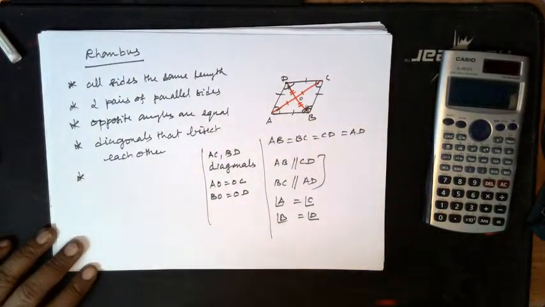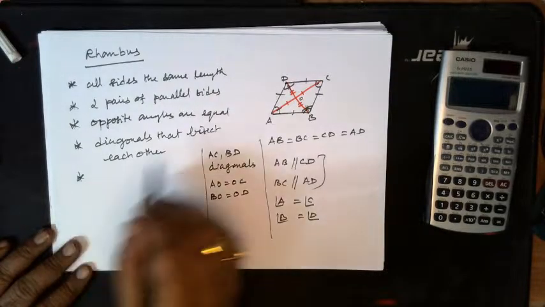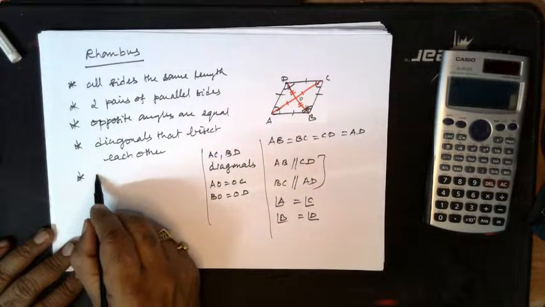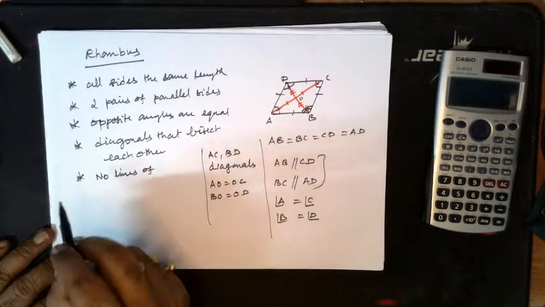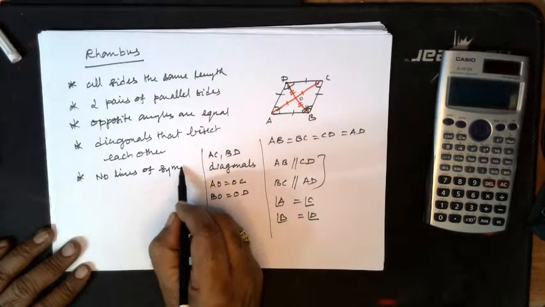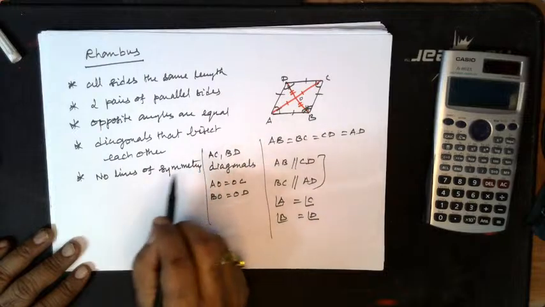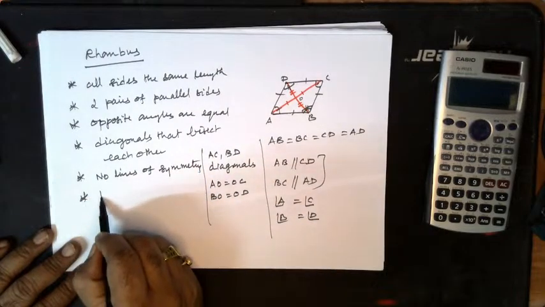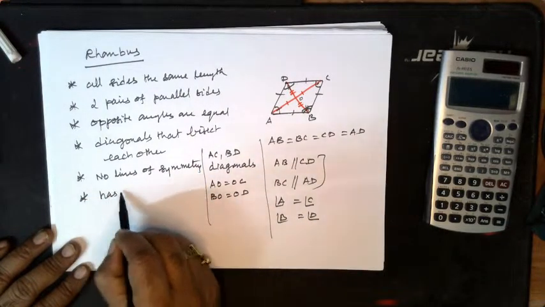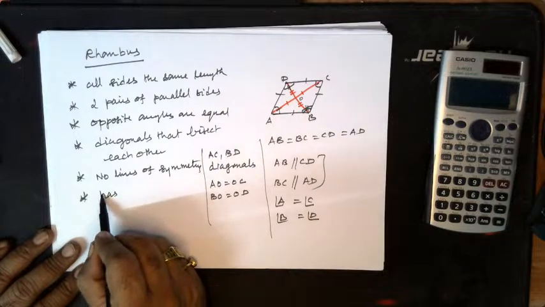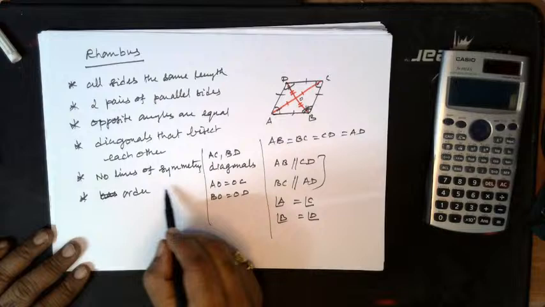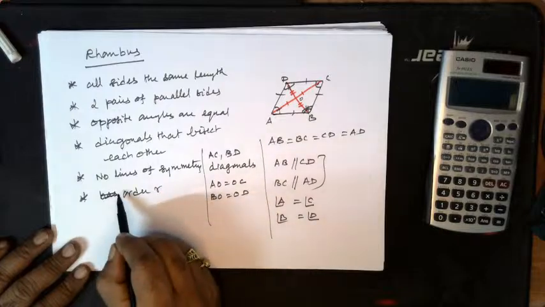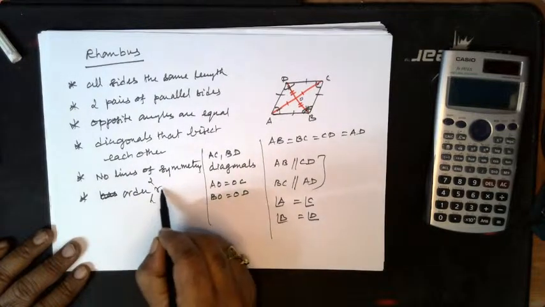Okay, and in this case no lines of symmetry. But it has order 2 rotational symmetry.